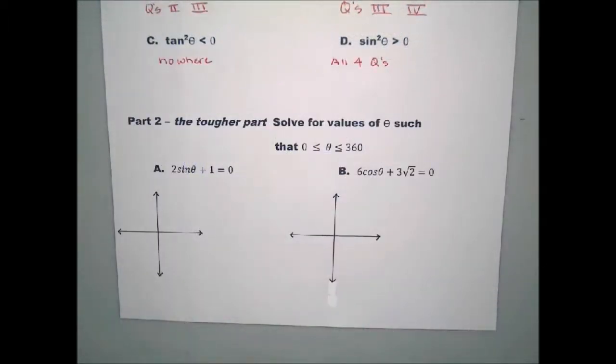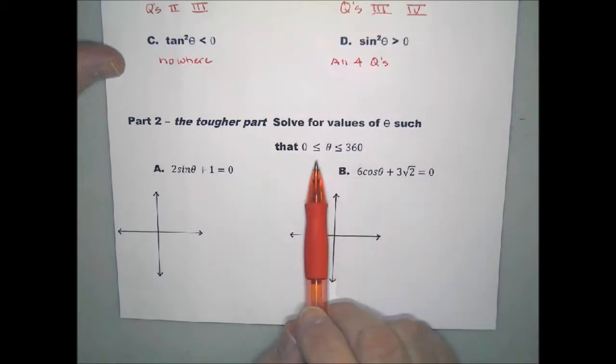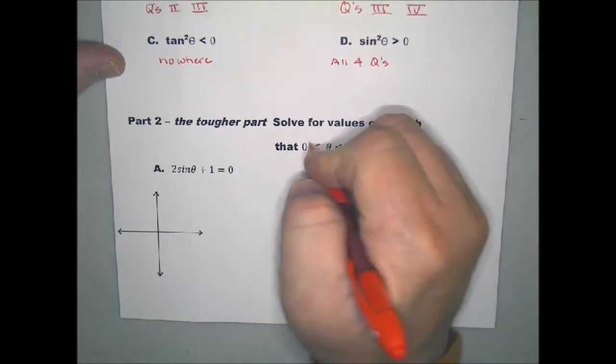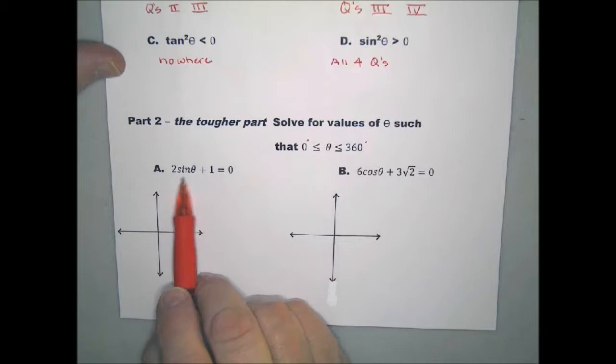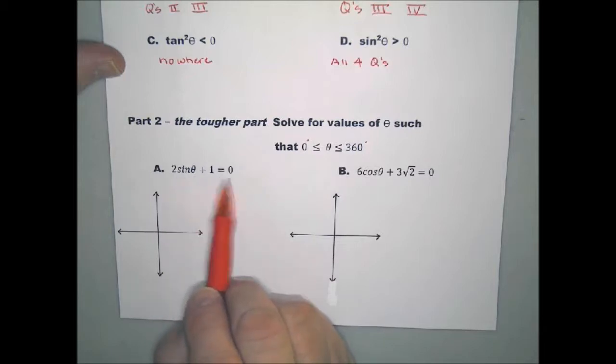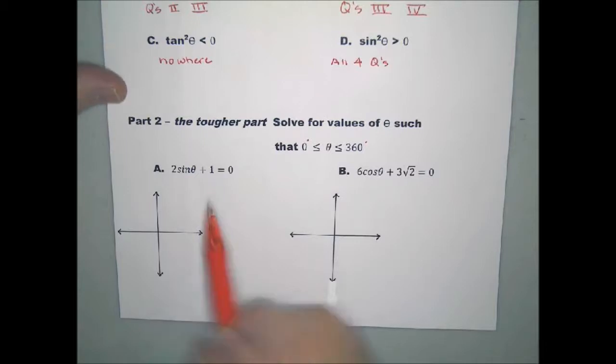Now, here's where some students think the unit starts getting a little rough. We start solving for values of theta, depending on what its trig function is. And we're going to solve for values between 0 degrees and 360 degrees. So if we have an equation that says 2 sine theta plus 1 equals 0, we're just going to start solving it algebraically like we always would.